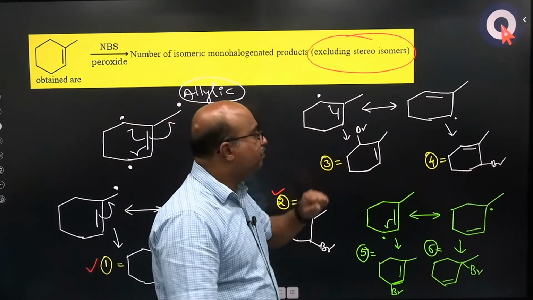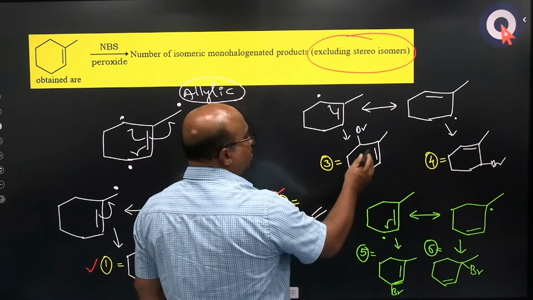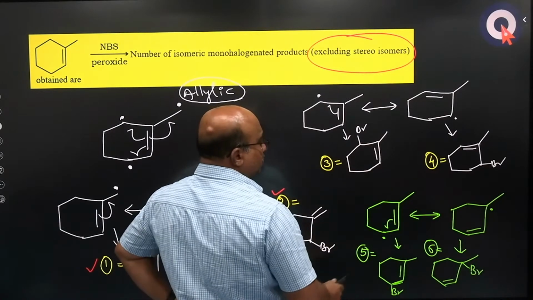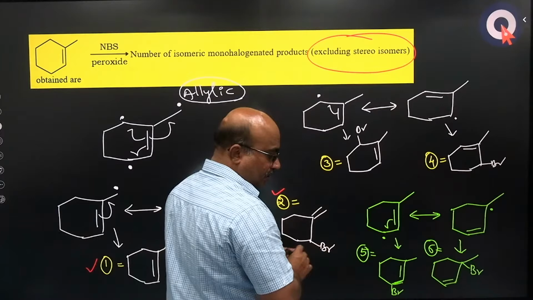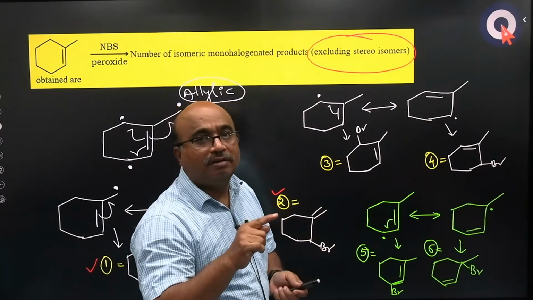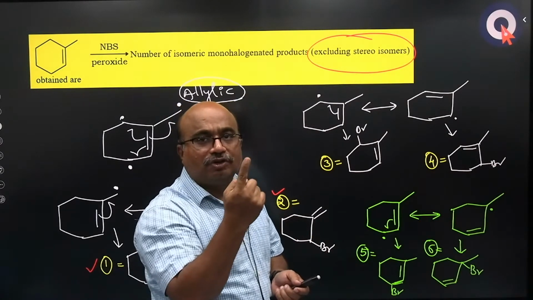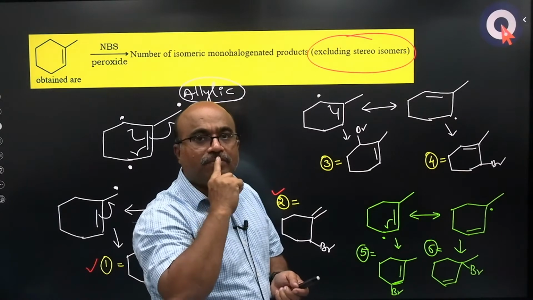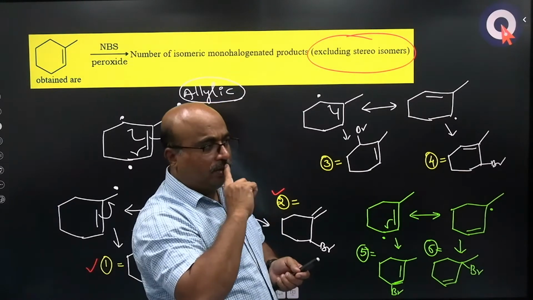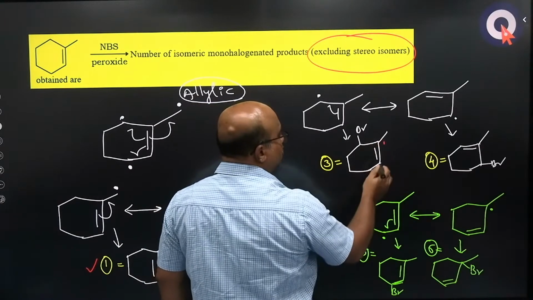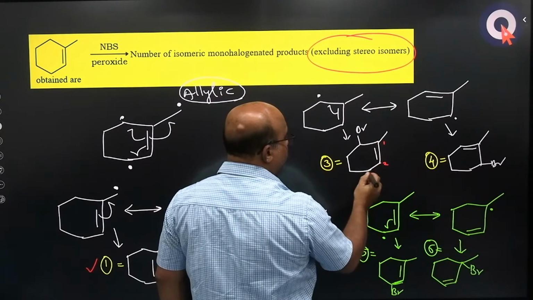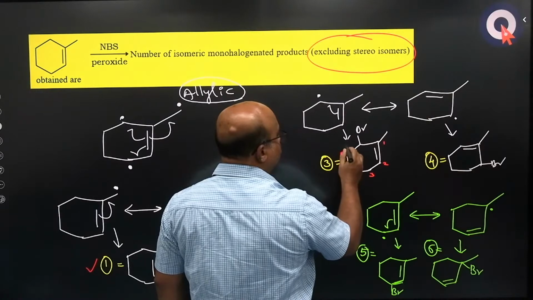Then this one. What numbering system do you follow generally? We always give the double bond more preference. So the double bond should be given 1, then substituents are given preference later. If you start here, this becomes 1, then 2, 3, 4, 5, 6.